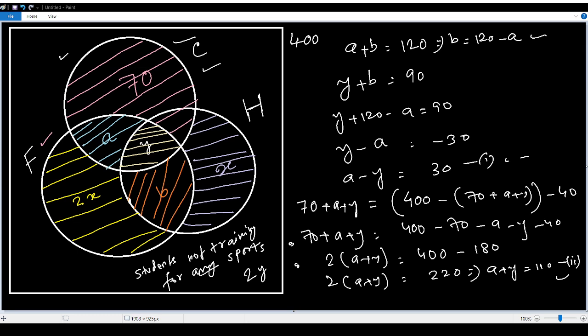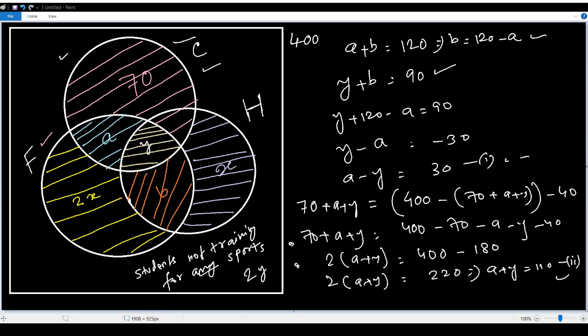All right, now you see, from here we can get y also. We have y plus b equals 90. Sir, we already have y as 40. Oh, okay, yes, right, correct.